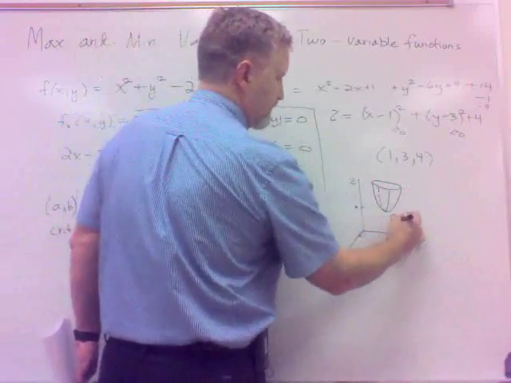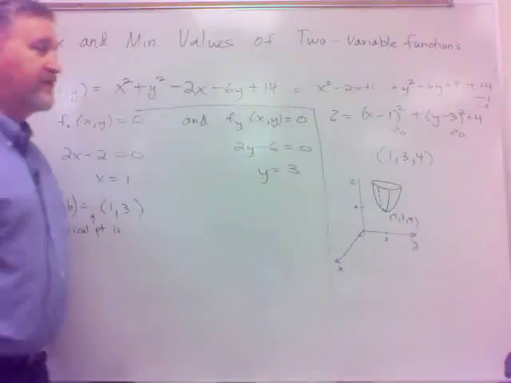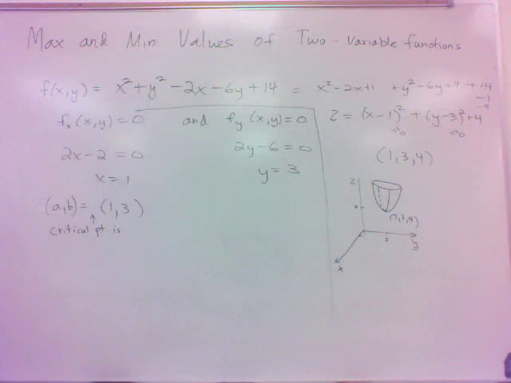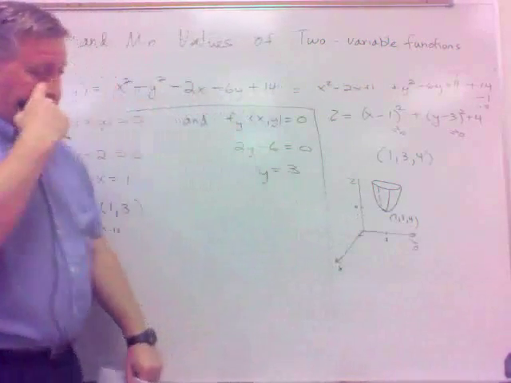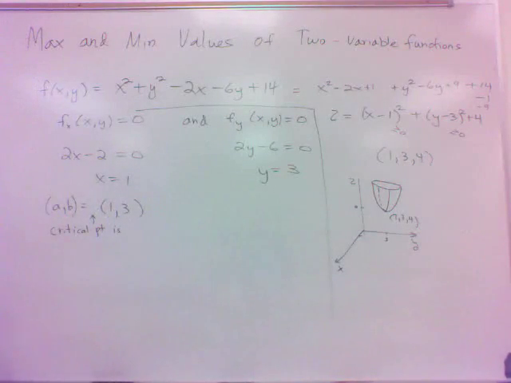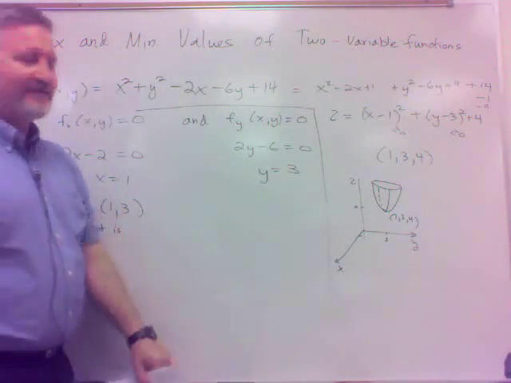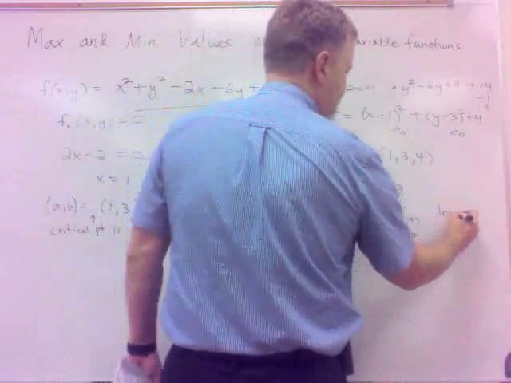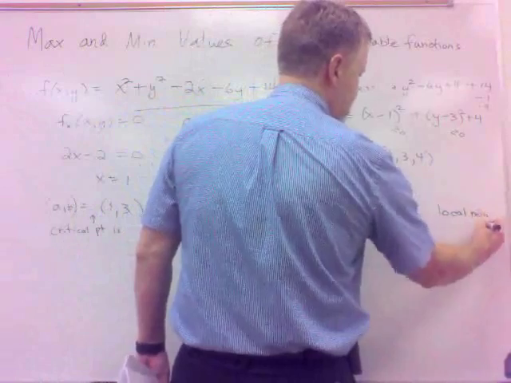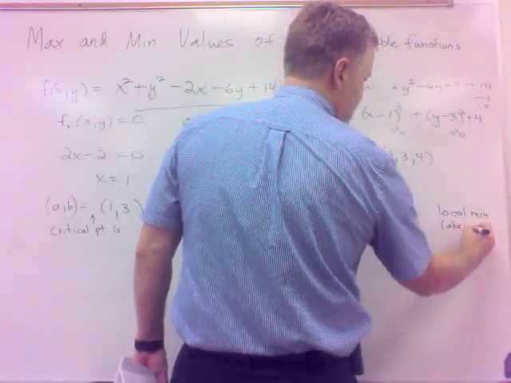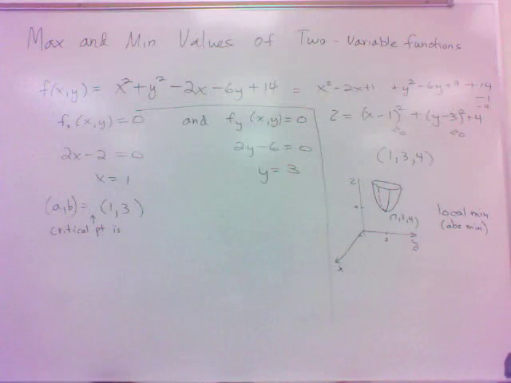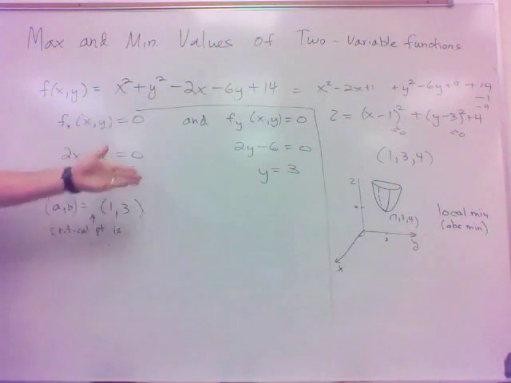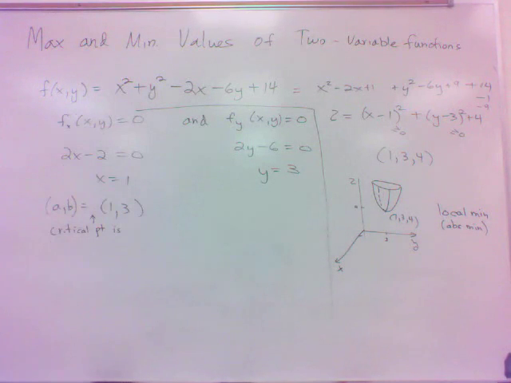But you can see there it's definitely a minimum at (1, 3). So at the x is 1, y is 3 value, we do have a local min there. And matter of fact, it is an absolute minimum there. We'll talk about those maybe a little more later on. Okay, but this does give you a technique to look for those values.